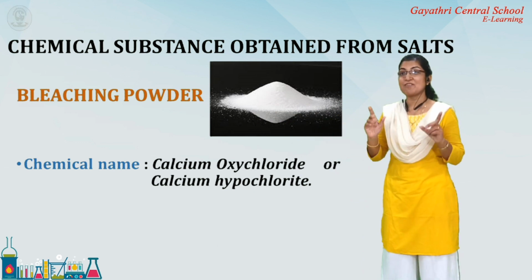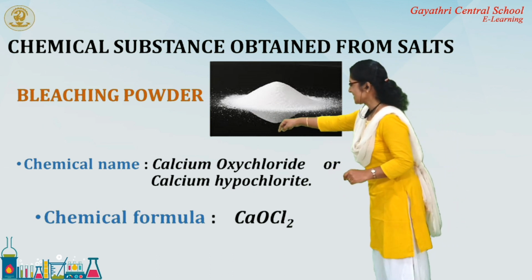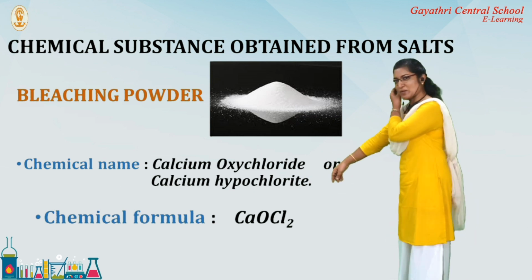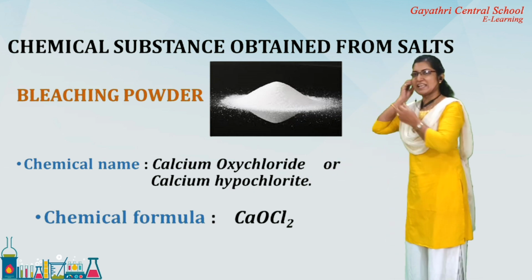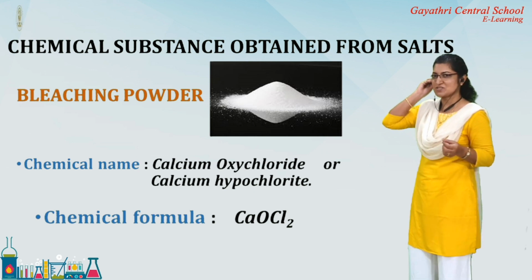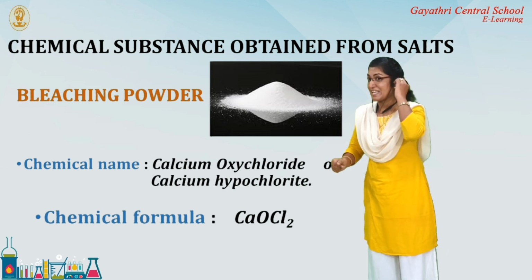What is the chemical formula of bleaching powder? The chemical formula is CaOCl2. CaOCl2 is the chemical formula of bleaching powder.